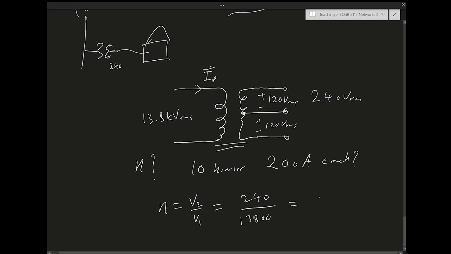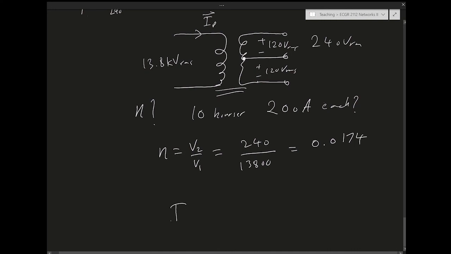Right? This is a turns ratio of 0.0174. For every turn on the primary, we have 0.0174 turns on the secondary. This is about like for every 57 turns of the primary, there is one turn on the secondary.